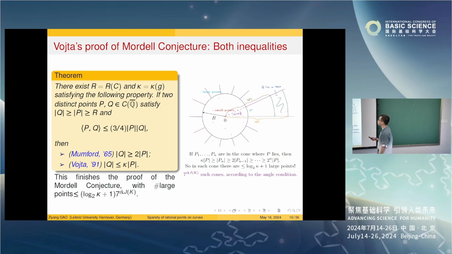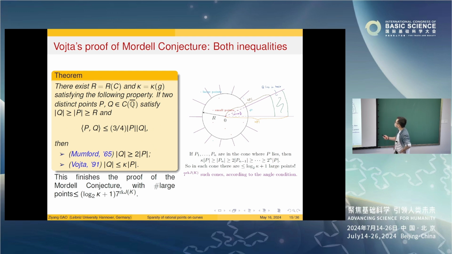We are able to find an appropriate number, capital R, so that if we draw the ball centered at the origin of radius R, we divide the points into large points, those lattice points with norm at least R, and small points, those lattice points with norm at most R. Then if we focus on the large points, we have some sparsity results.